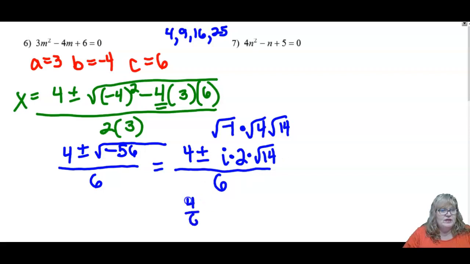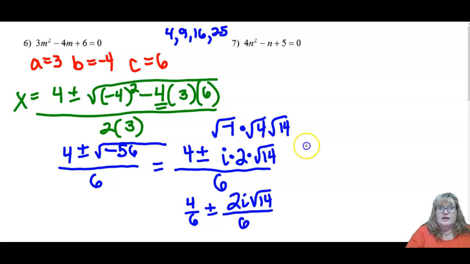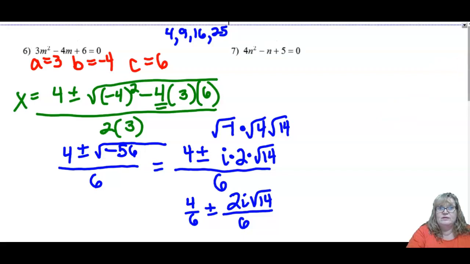And I'm going to separate this so we don't do any silly reducing. We write it as 2i square root of 14, which I did not write neatly. Let me try that one more time. All over 6. Now I can reduce and not do any silly canceling that I shouldn't be doing.